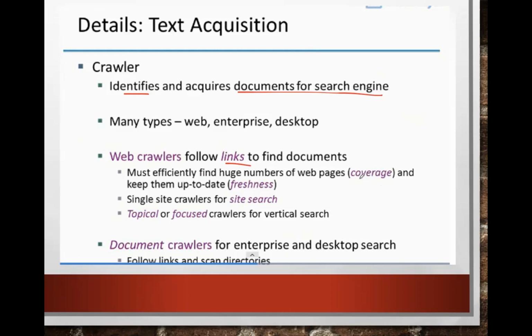Here coverage is nothing but a huge number of web pages: how many web pages are covered or processed. And those web pages should be updated from time to time. That is nothing but freshness. So refresh updated and new documents.